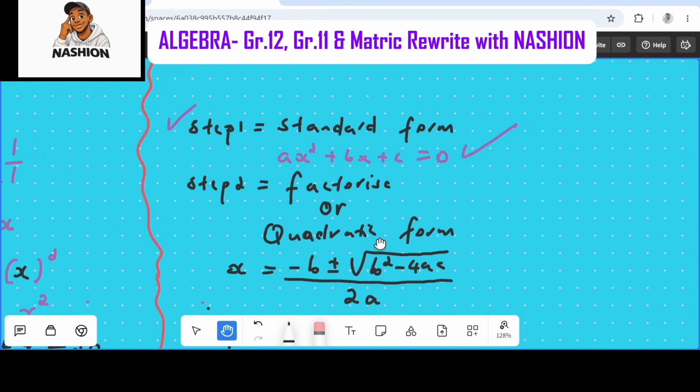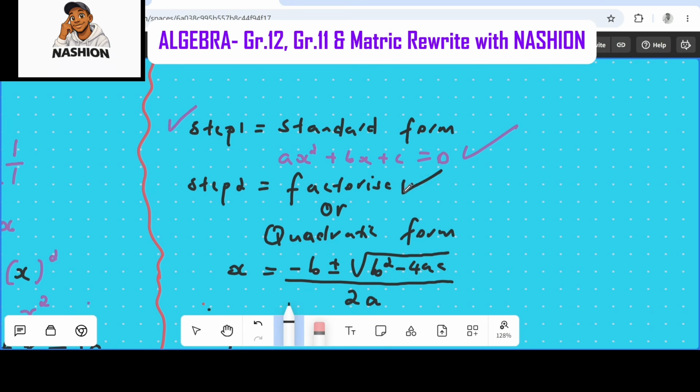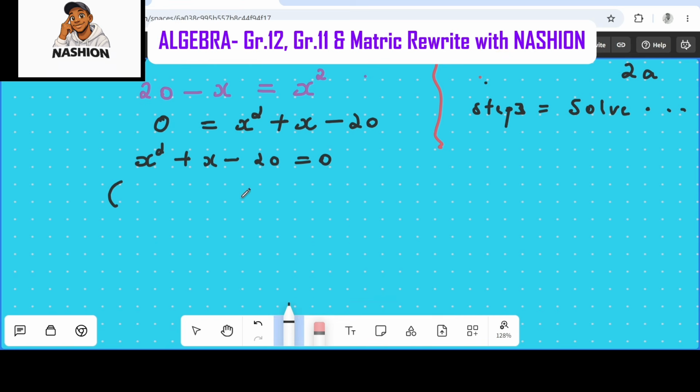After standard form, what do we do? We factorize. Can this thing factorize? Let's see. This is a quadratic trinomial, so the factors of x squared, that's x and x. The factors of negative 20, okay, that will be firstly 5 times 4. The signs, we want to get the middle term, which is positive 1x.